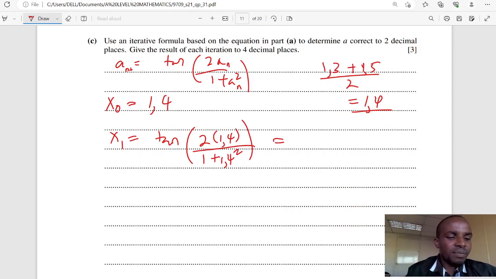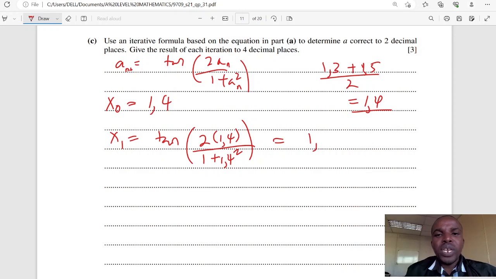You just press tan and then the equal sign, so it's actually easy when it comes to iterations. It will be 2 times 1.4, then over 1 plus 1.4 squared.